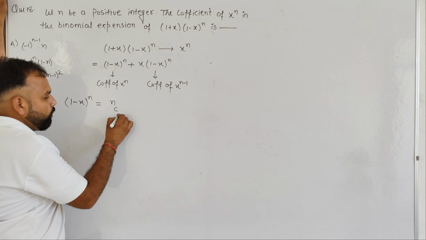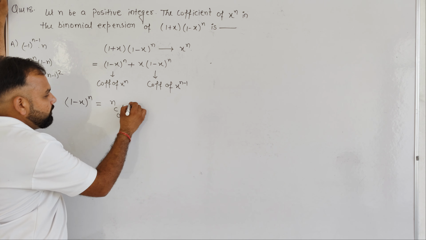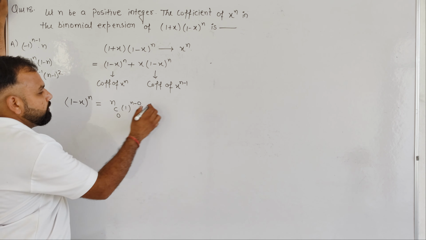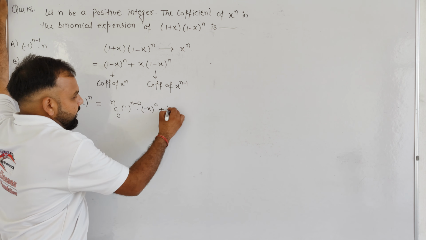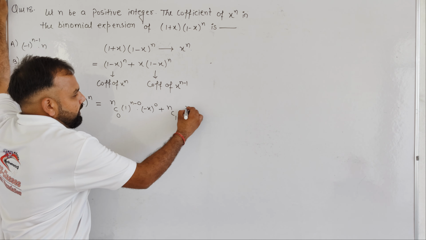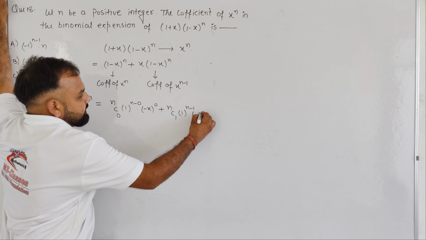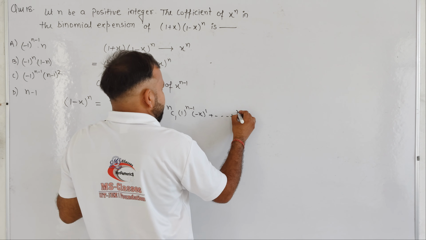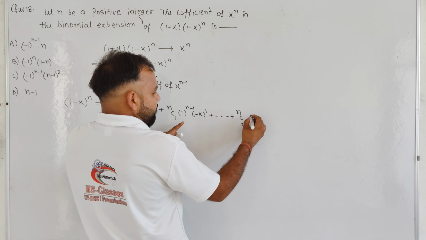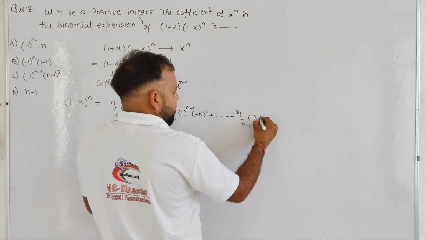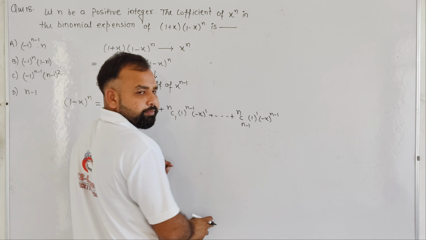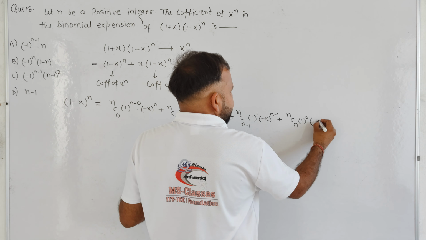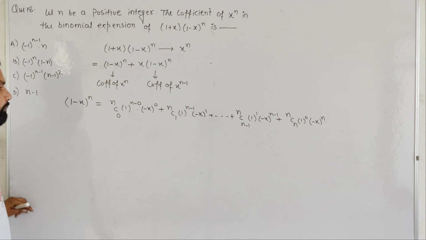Basically, it will become nC0, 1 to the power n minus 0 and (minus x) to the power 0, plus nC1, 1 to the power n minus 1 and (minus x) to the power 1, and so on, plus nC(n minus 1), 1 to the power 1 and (minus x) to the power n minus 1. In the same way, the last term is nCn, 1 to the power 0 and (minus x) to the power n.